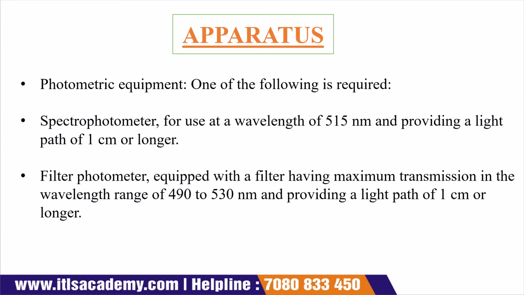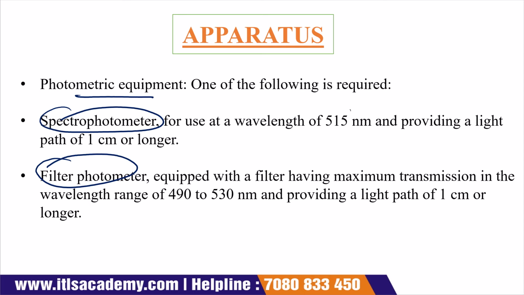Now the next is the apparatus used for performing this experiment. We require photometric equipment, either a spectrophotometer or a filter photometer. If we use a spectrophotometer, its wavelength should be 515 nanometers with a light path of 1 centimeter or longer.